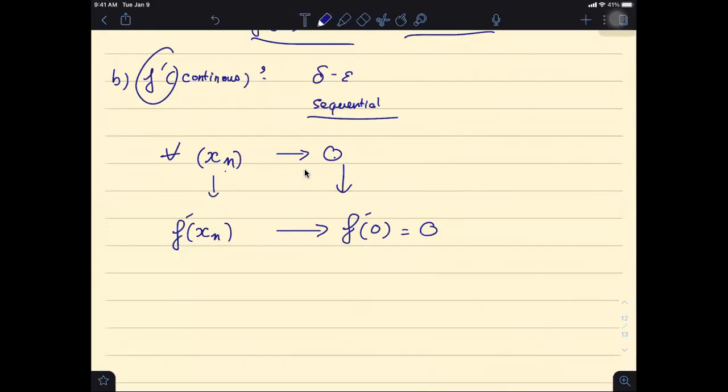So how are you gonna prove it? You want to prove this question mark right here. What is the limit as n goes to infinity of f prime of x_n? What do you guys think? Equal what? And we want it equal to 0 because we want to prove it continuous.